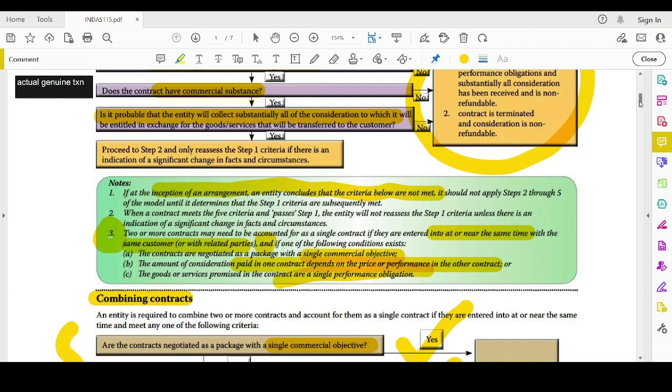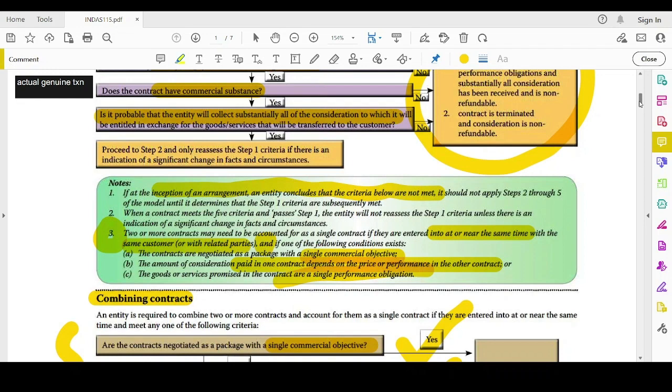Then I also entered into a contract on 30th of January with BCD Limited, which is a subsidiary of ABC Limited. So I have entered into contracts at the same time with the same customer or its related party. ABC Limited and BCD Limited are related parties, right?